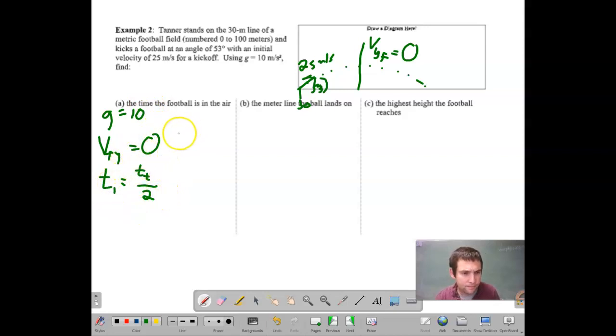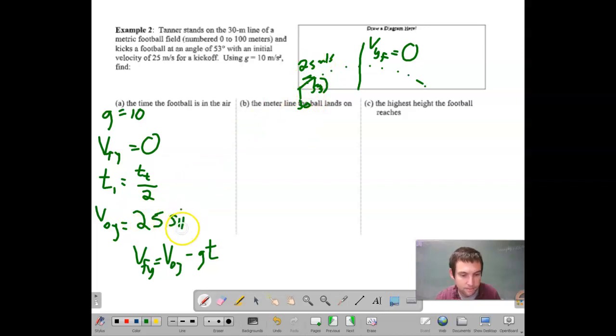Now, let's see, we have v as a function of time. So that would be vfy equals v0y minus gt. We've got g and t. We just need the initial velocity in the y. I already told you how to get that. We're going to do the magnitude, trig, angle.